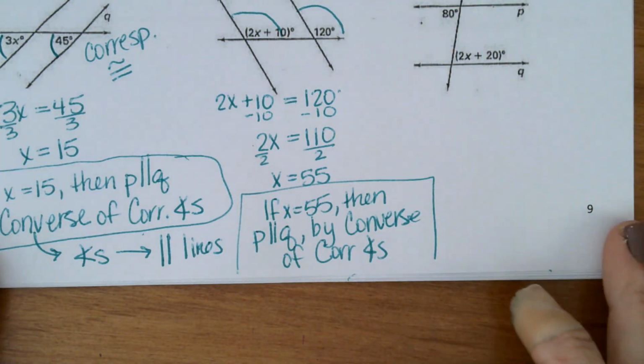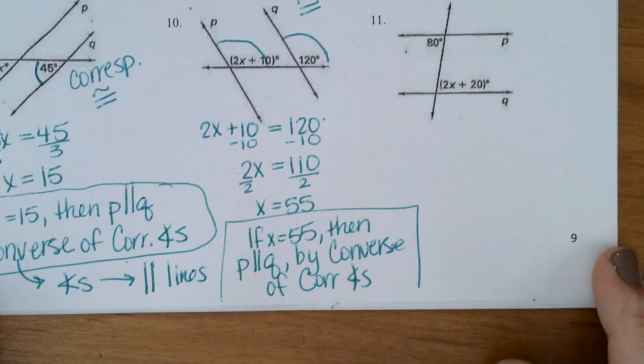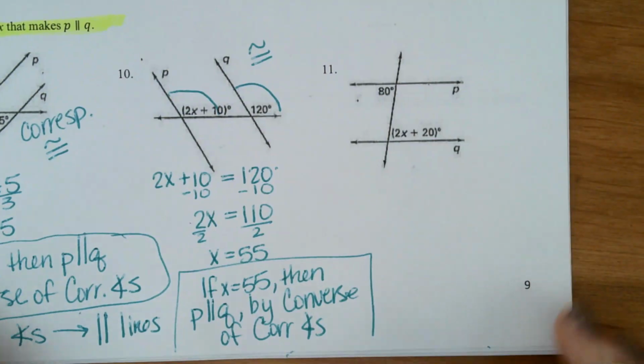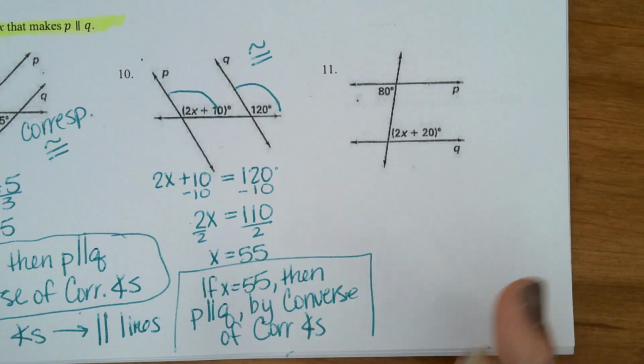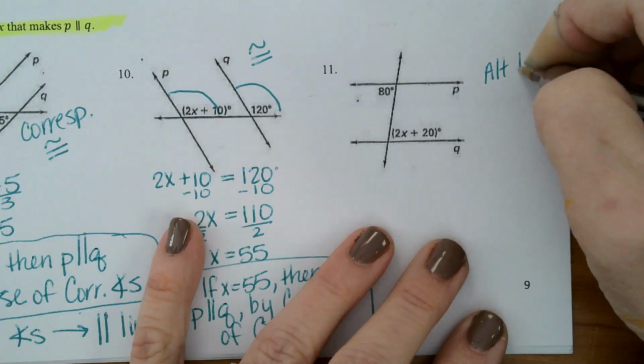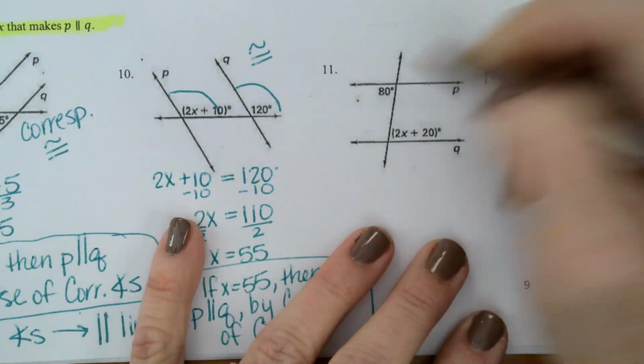Okay, now we have one last one, and then I'm going to have you guys do some practice. Okay. 80, and then 2x plus 20. First of all, I like to look where they're sitting. So what angles do those look like? Okay, so they look like alternate interior. And what do we know about alternate interior angles?